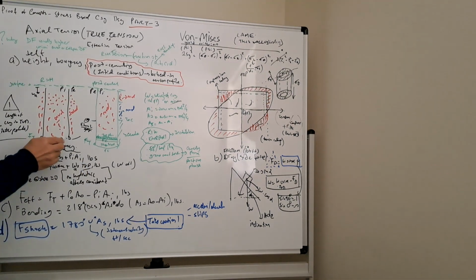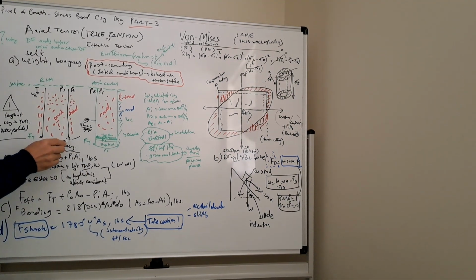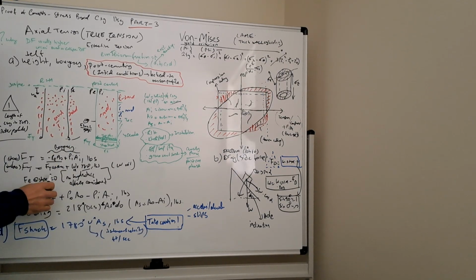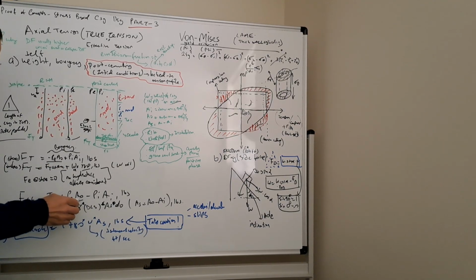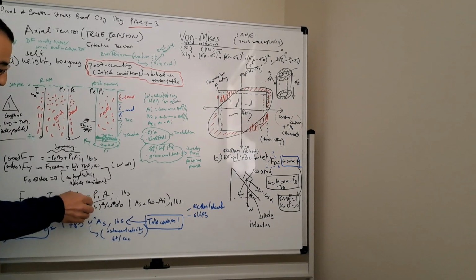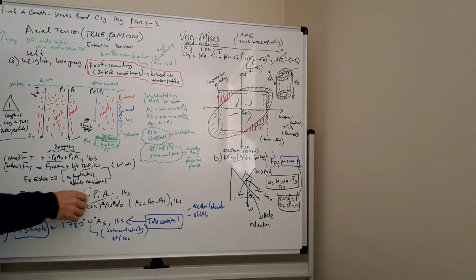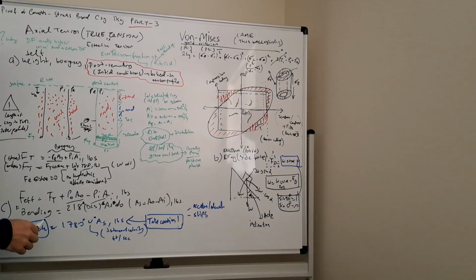And if I want to look at the effective tension at the shoe, then I need to convert it by adding the force on the outside and subtracting the force on the inside, using the basic pressure times area equation.